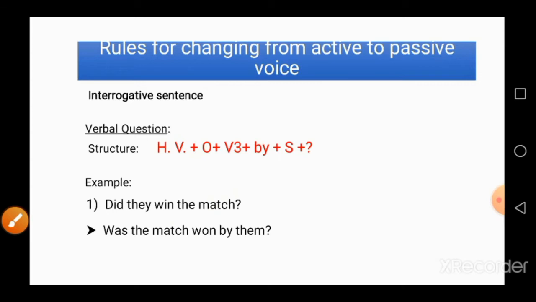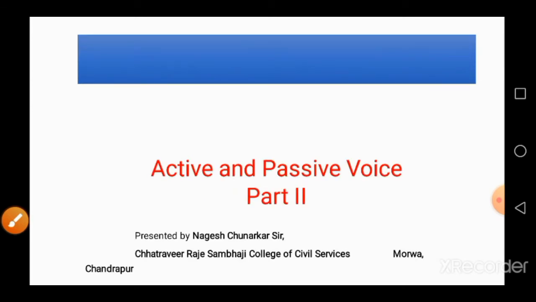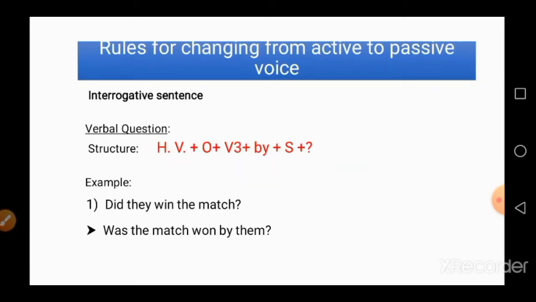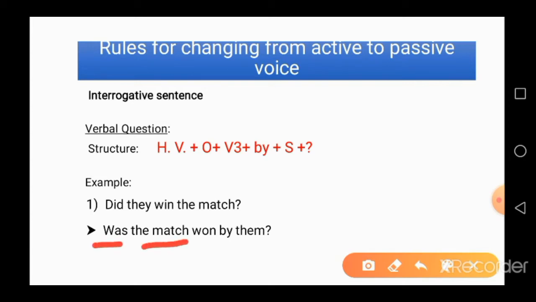So, your passive voice of verbal question is here, where we take helping verb first, then object, then V3, then by, and finally subject. So, this is the passive voice of verbal question.